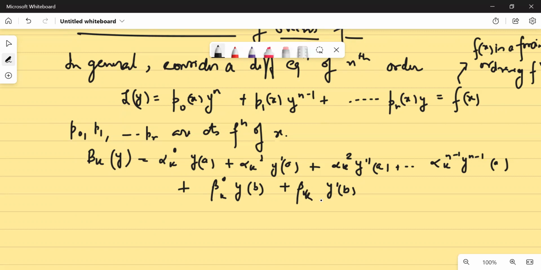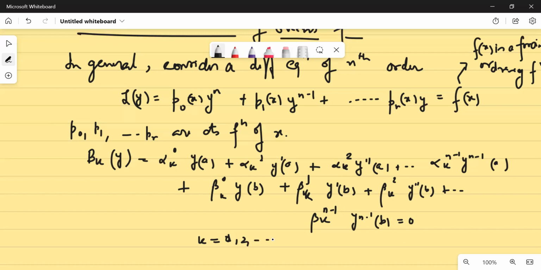This is Bk0, this is Bk1, and then you have beta k2, this is y double dash, beta double dash, and all these things. I'm just trying to write your boundary conditions. If you vary k from 1 to n, you'll have these n sets of conditions. I've generalized them and written them up.